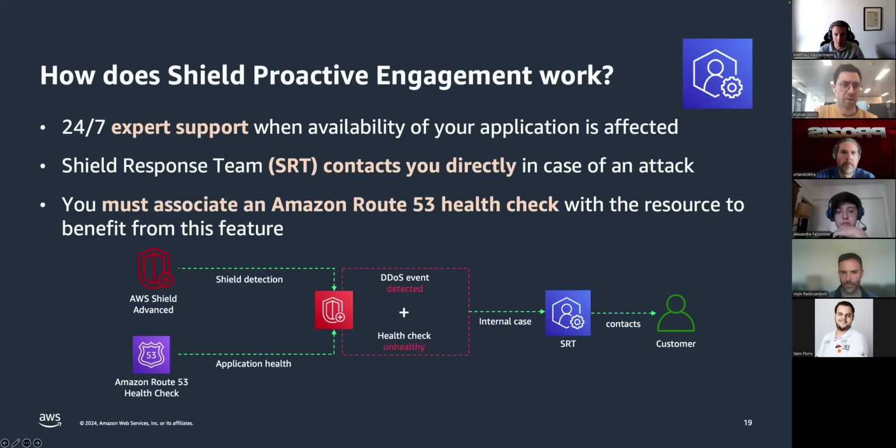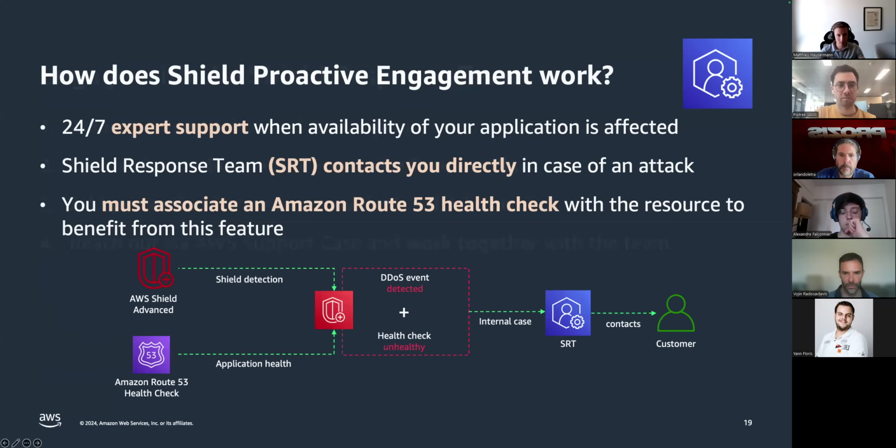And with the proactive engagement that I mentioned earlier, you get 24/7 access to the Shield response team. Shield response team, in case of a detected DDoS event and unhealthy health checks, will contact you directly if you provide contact details in the Shield console, and will inform you about an ongoing attack and steps that were already applied as part of the auto mitigation.